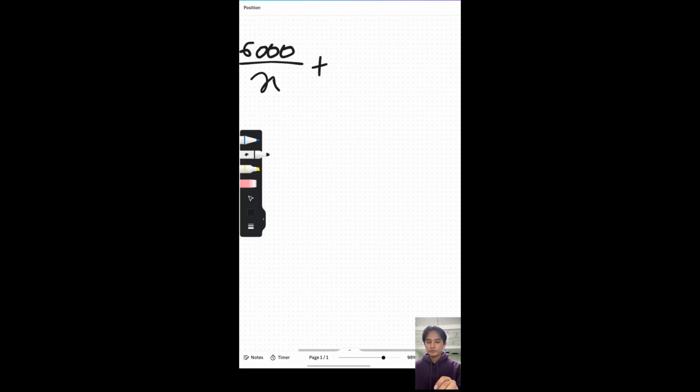Average cost function equals 6,000 over x plus 5 plus x over 16.